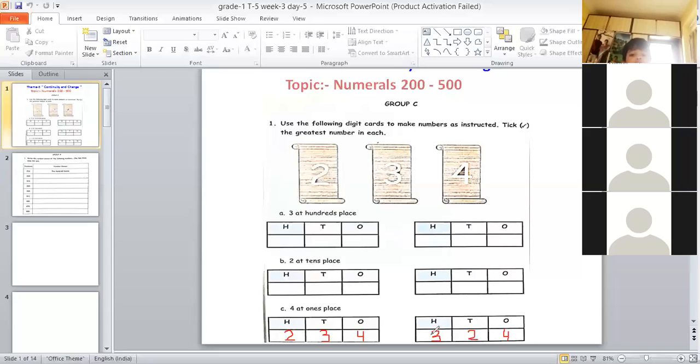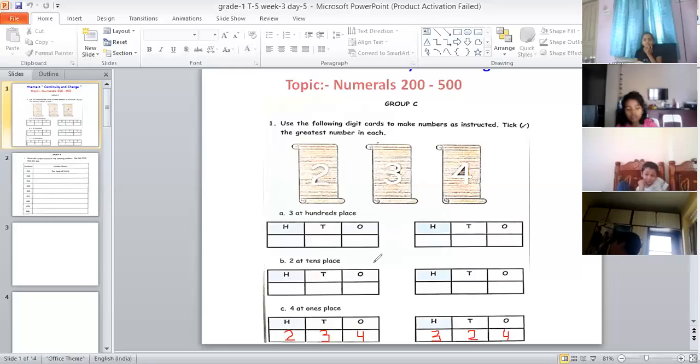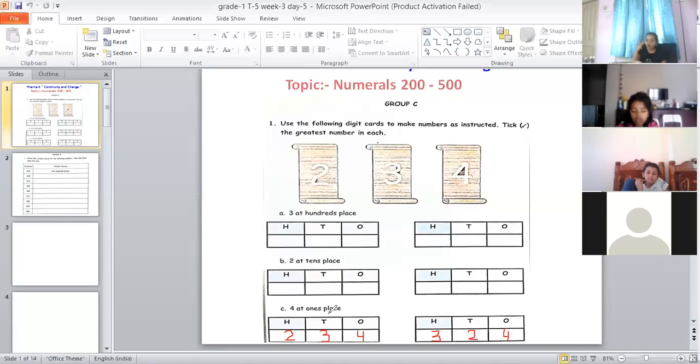And what is the number at hundreds place in 324? 3. Very good. So the digit at hundreds place is 2 in number 234, and the digit at hundreds place is 3 in number 324.